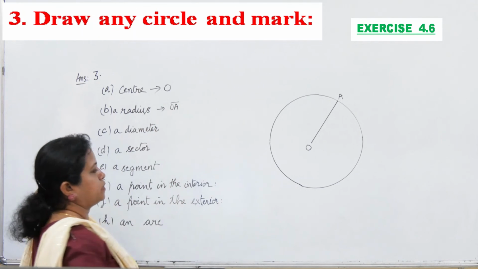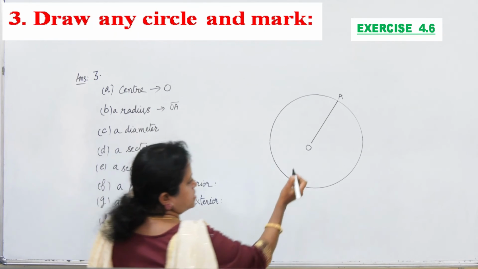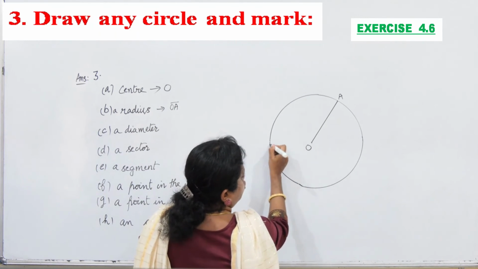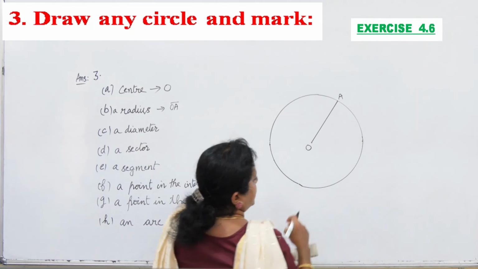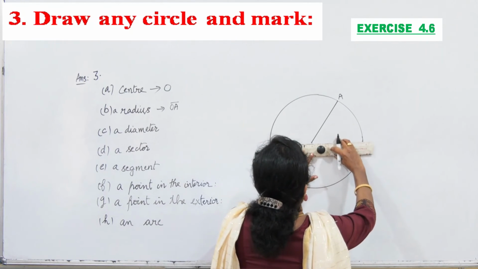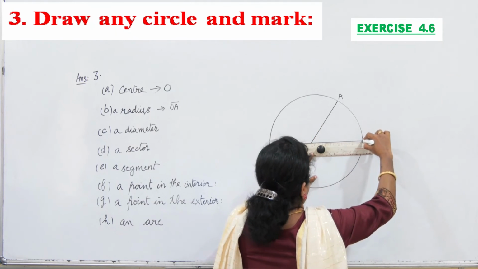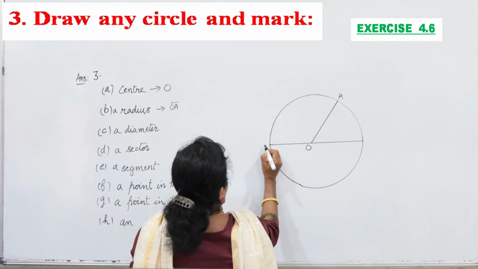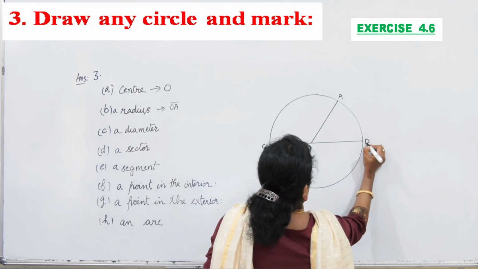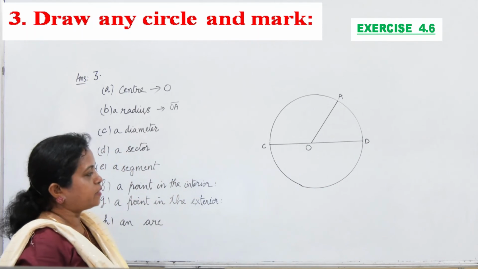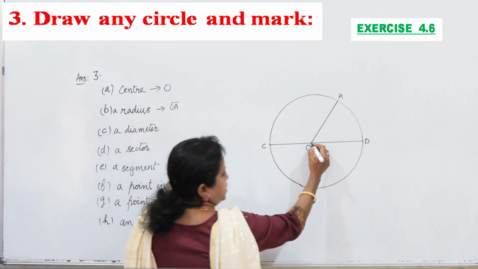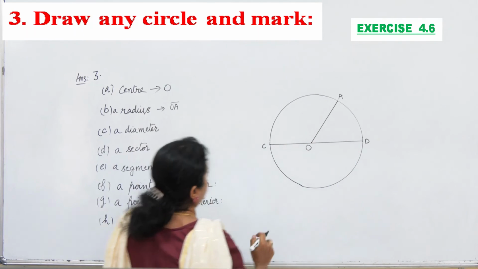It's a line segment. Diameter is when you take any 2 points on the circle and it has to pass through the center. So here the line segment CD passes through the center of the circle with its endpoints on the circle.